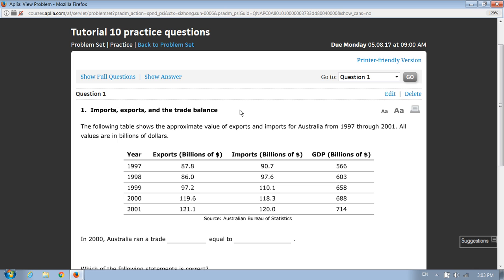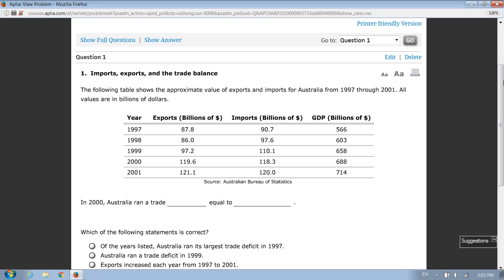Question 1. Import, export, and the trade balance. The following table shows the approximate value of exports and imports from Australia from 1997 to 2001. So in year 2000, Australia ran a trade... So let's look at the table.